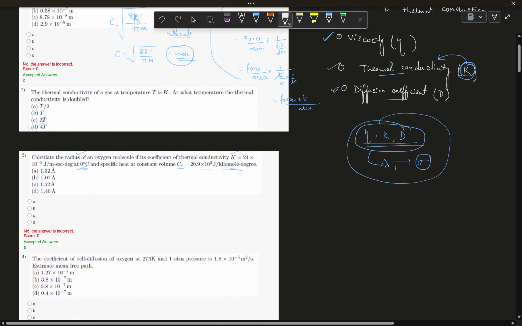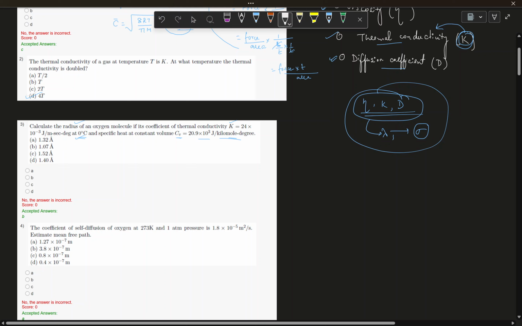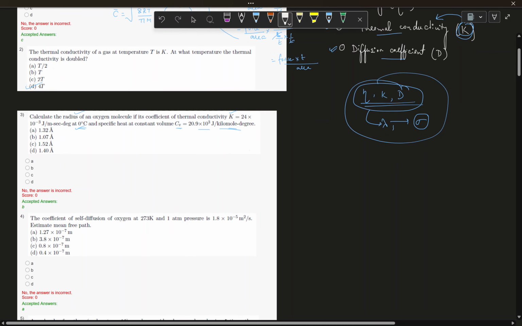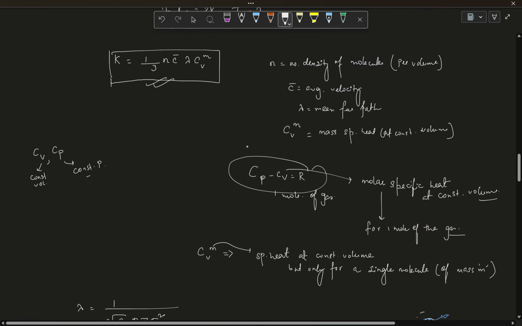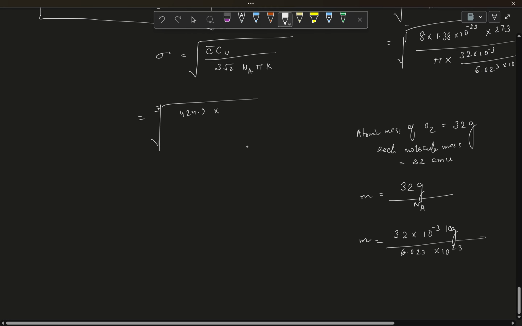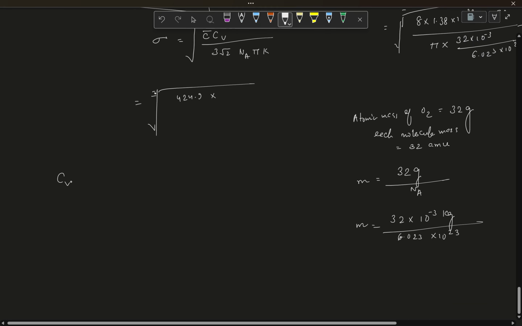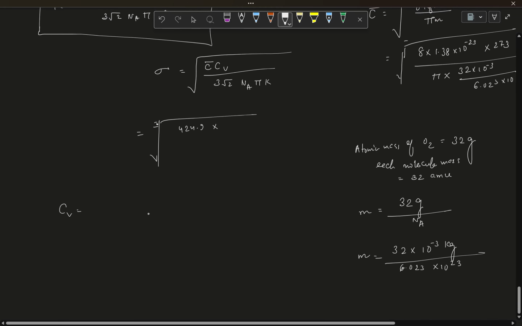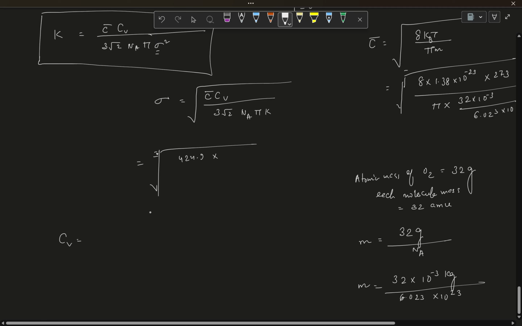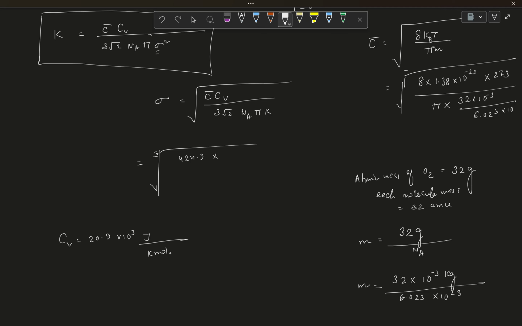And Cv here, the value is given as 20.9 into 10 to the power 3 joule per kilomole degree.